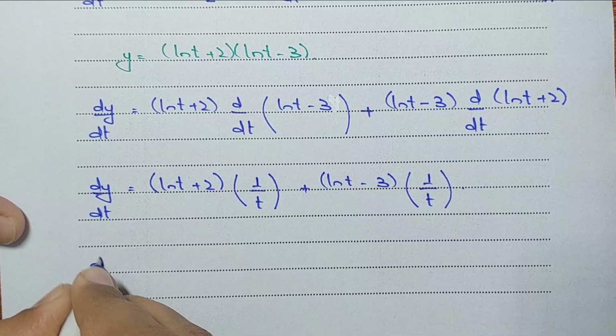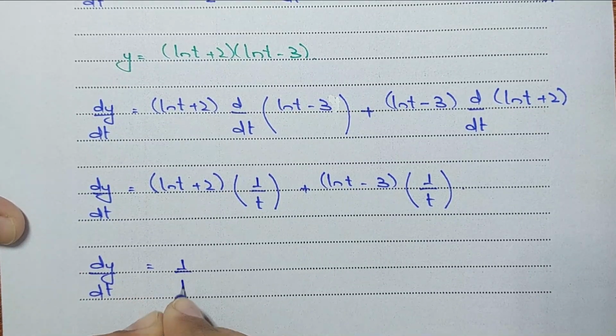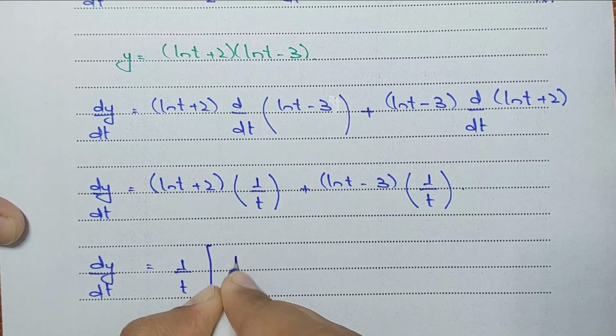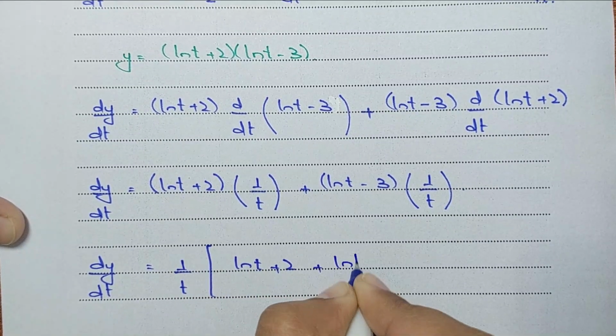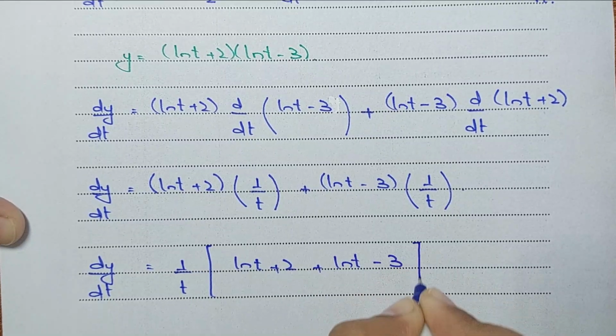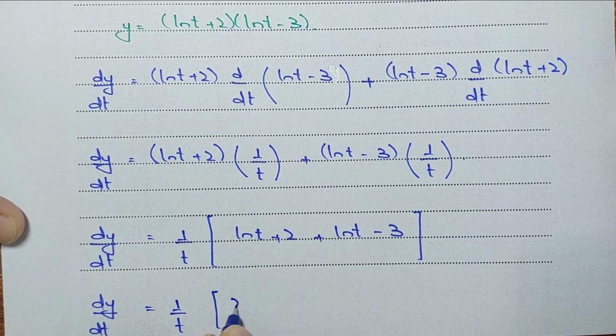For this simplification, we can take 1 over t common. We are left with natural log of t plus 2 plus natural log of t minus 3. Now dy over dt becomes 1 over t times 2 natural log of t minus 1.